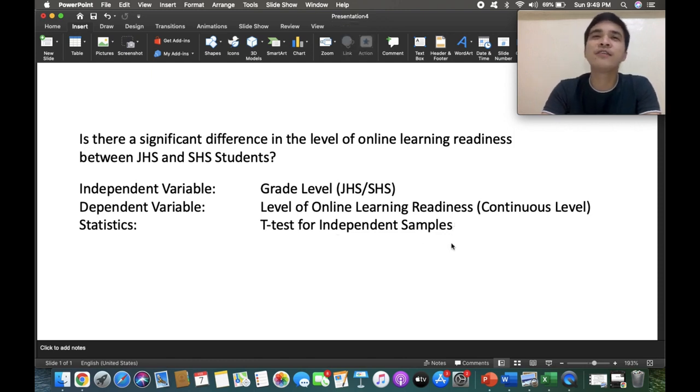So the question here is, what if our dependent variable is measured at a categorical level? For example, if the researcher would like to categorize the level of online learning readiness as high or low. If that is the case, your dependent variable is not measured at a continuous level, so t-test for independent samples is not appropriate for the analysis of the data set.